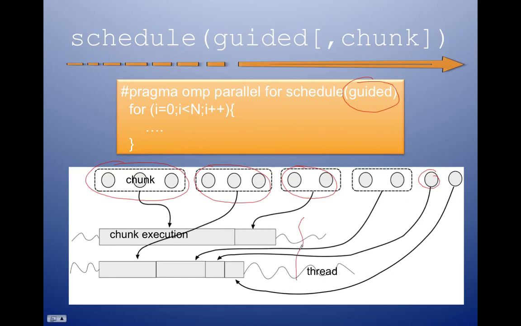The idea again is to take into account the fact that you will have different execution times, and you want to achieve load balancing, but you also want to minimize the number of chunks you have. So at the beginning you start with big chunks, and at the end, to get the load balancing, you end up with small chunk size.